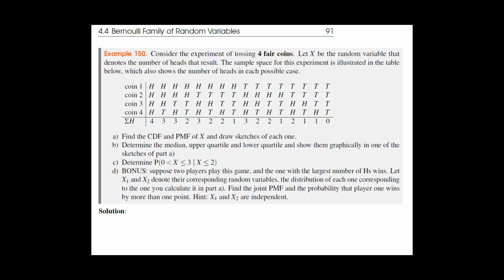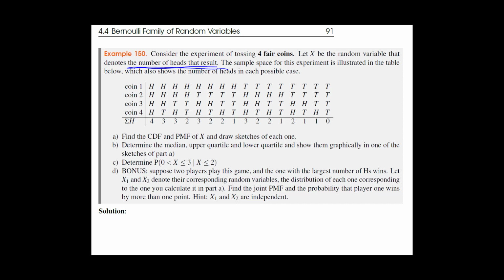Let's do this one. I think we did this before, but now we're doing it in the context of using the binomial random variable. We are tossing 4 coins, fair coins, so p is 1/2, and X would be the number of heads.